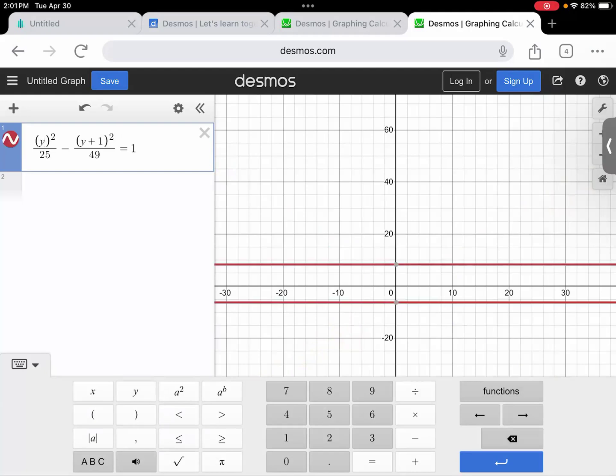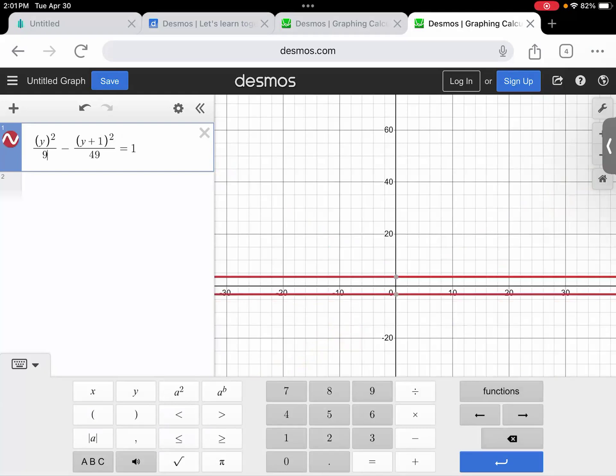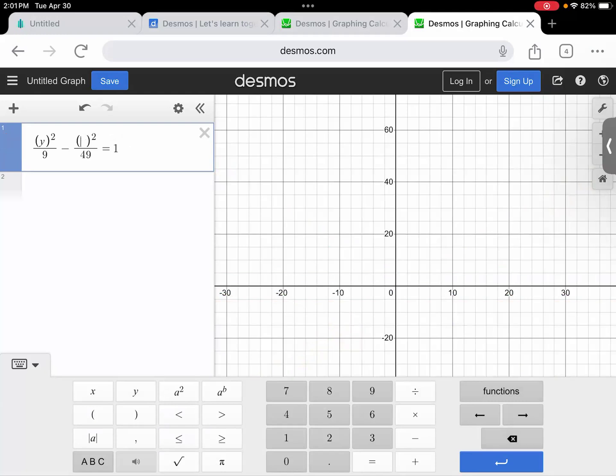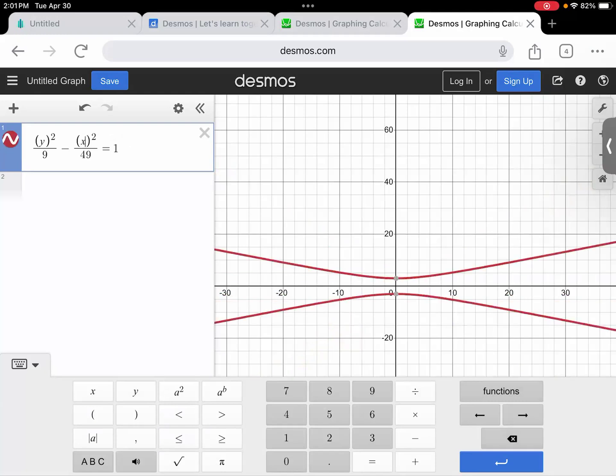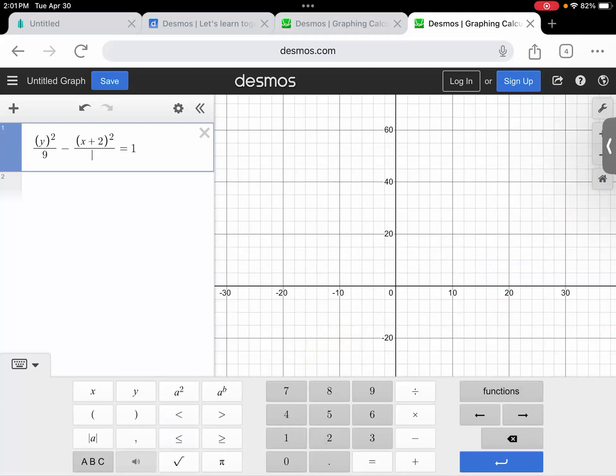That was just 1, that was 9. Y squared over 9 minus x plus 2 squared equals 1.